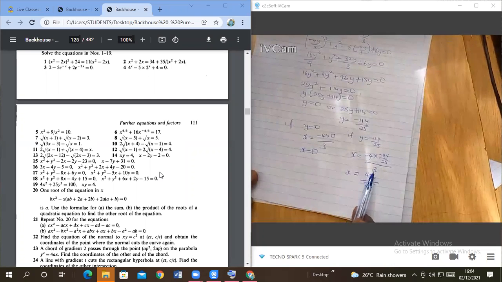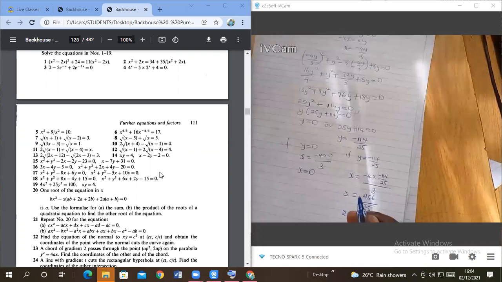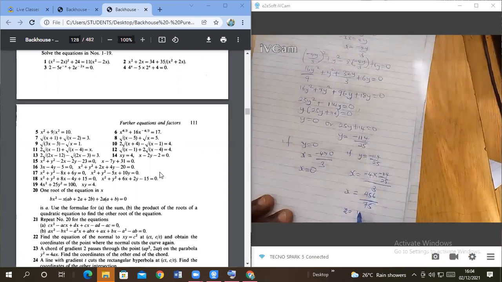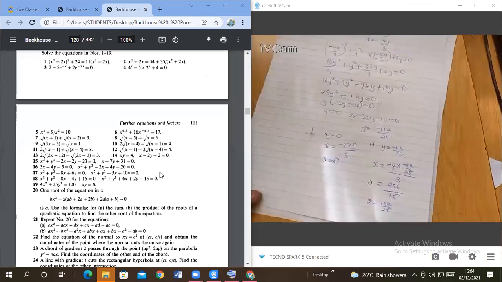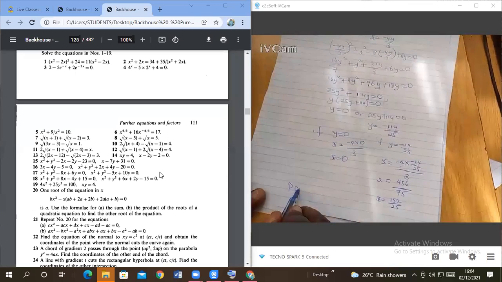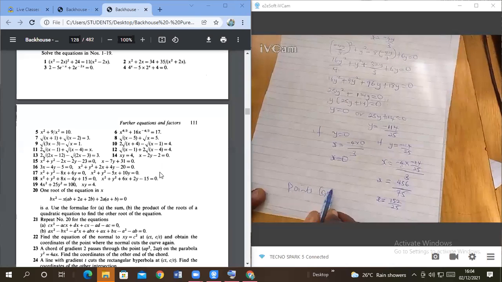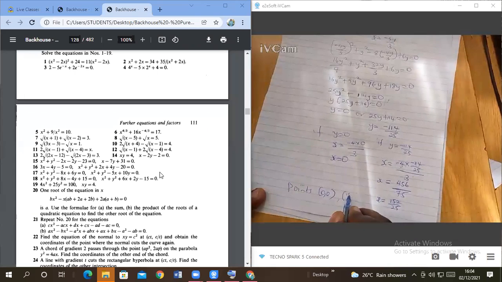Can this be reduced? 456 by 75? 152 over 25. So it means the points are 0, 0, and the other one is 152 over 25, and the y value is negative 114 over 25.